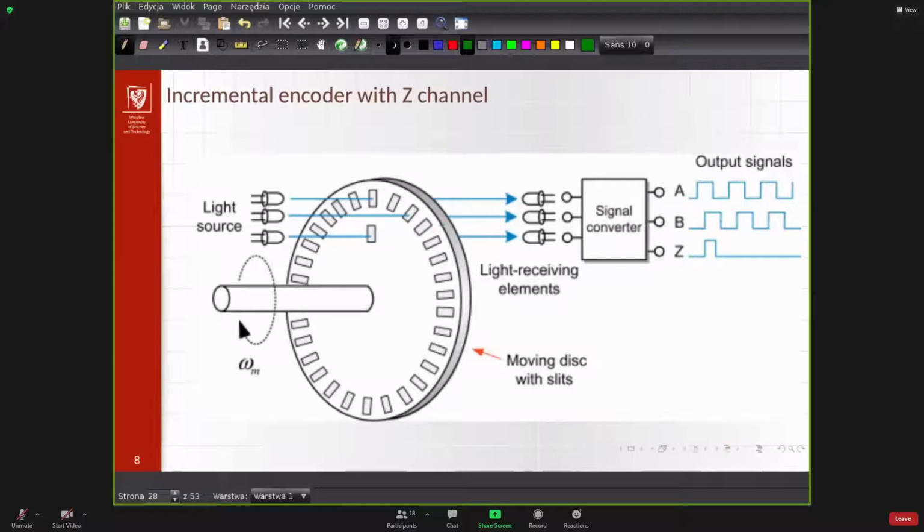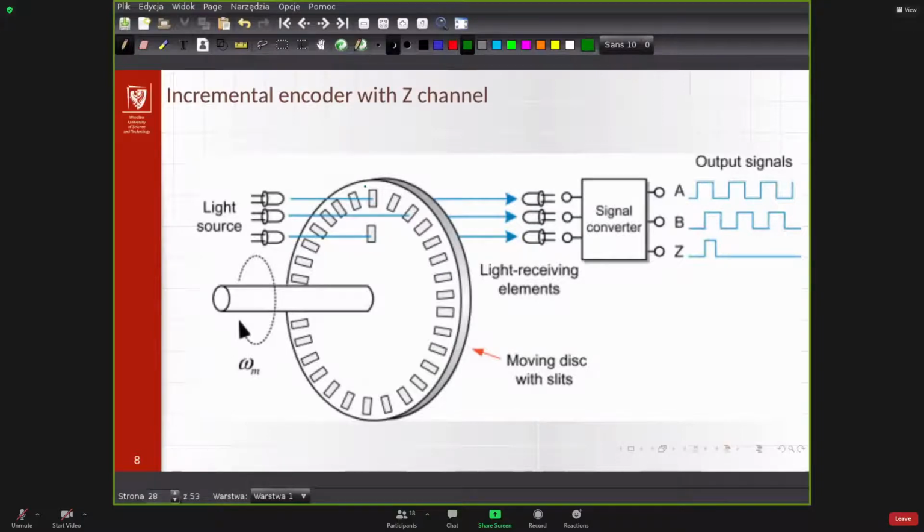The single channel encoder has just holes in the plate, and one diode and one transistor receiving the data. You can measure the velocity then, but you cannot detect, for example, the direction of the rotation. So you can count impulses, but you don't know if it's rotating left or right.